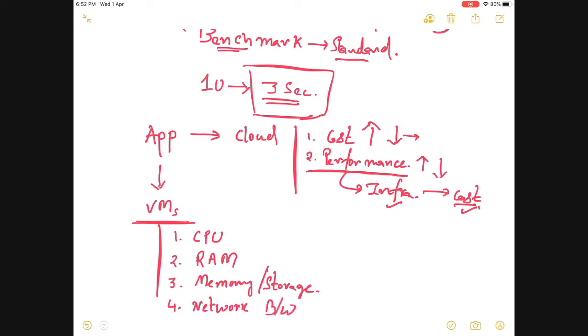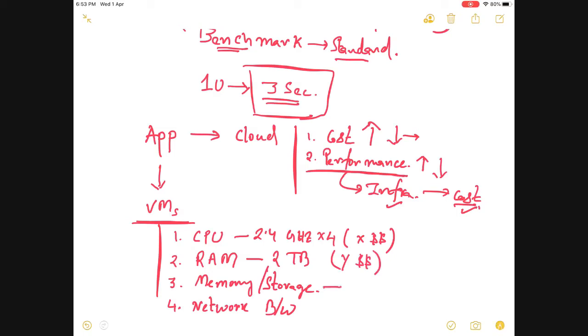Now, if I say I'll have 2.4 gigahertz processors connected to it, with 4 cores, I'll have some X amount of costing associated with that. If I also decide that I'm going to have 2 terabytes of RAM assigned to that virtual machine, I'll have Y amount of costing for that.